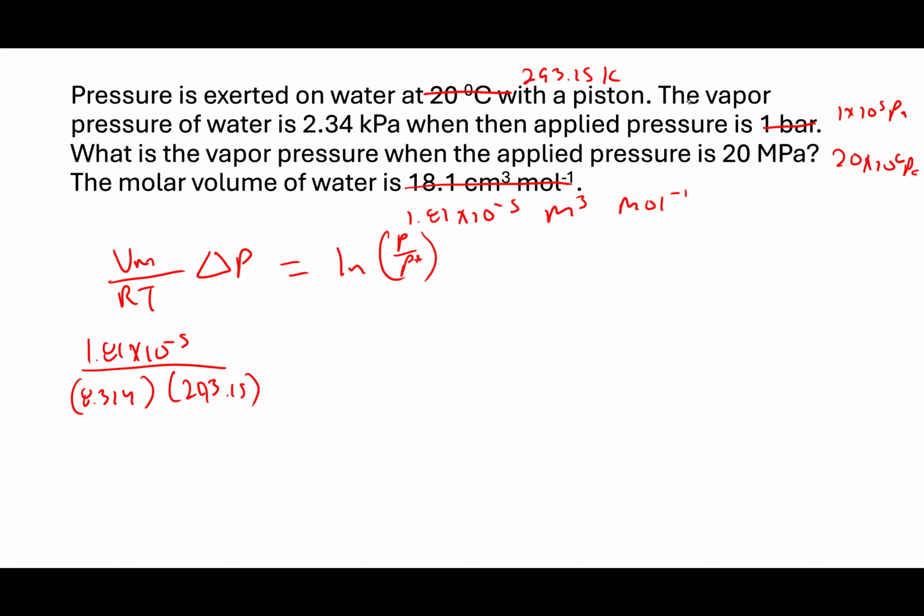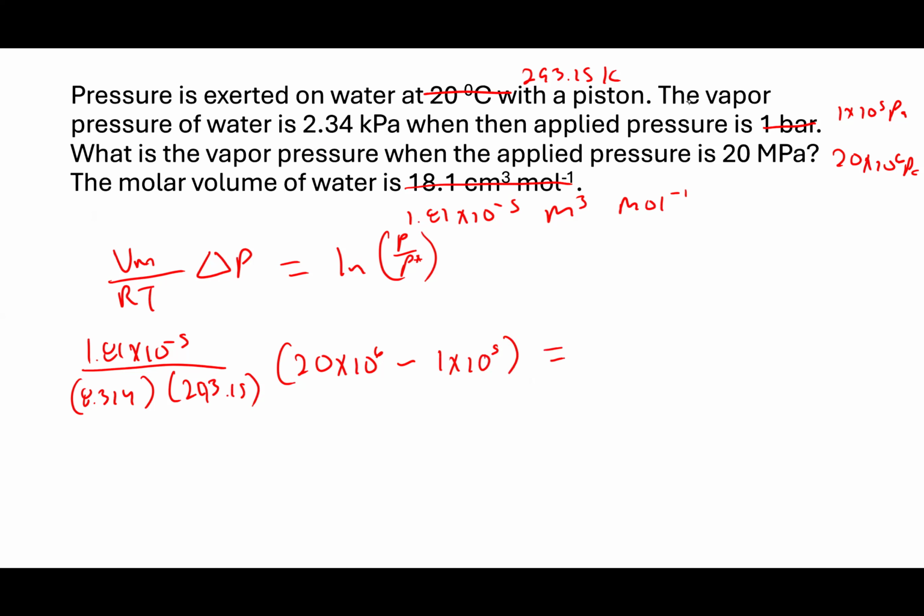Well, the difference here is going to be 20 times 10 to the sixth minus 1 times 10 to the fifth.